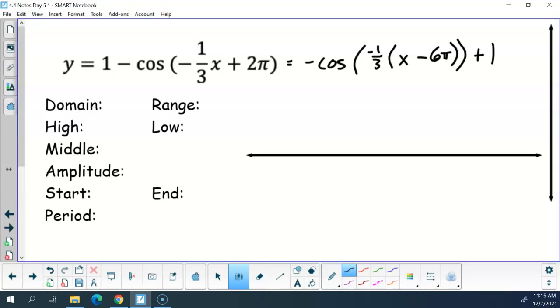Okay, now graphs. Domain, what did you do? All reals, yes. Okay, middle. Where's my middle? 1. What's my amplitude? 1. So that means I go up to 2, down to 0.